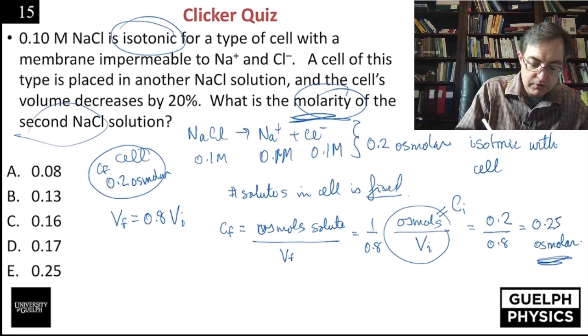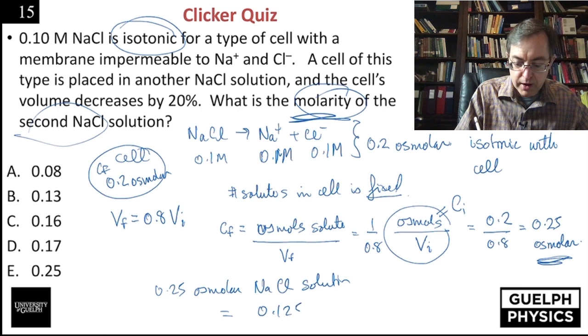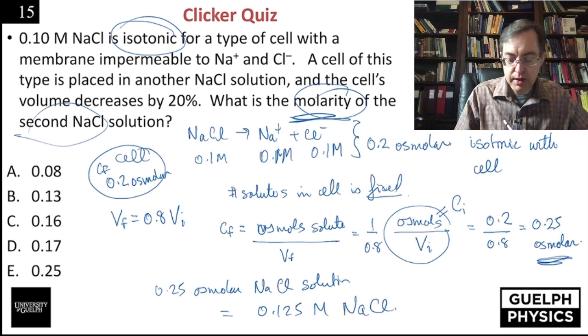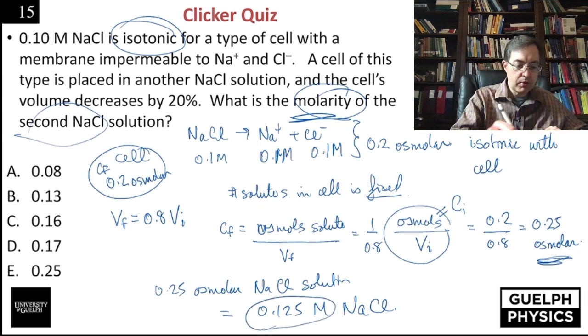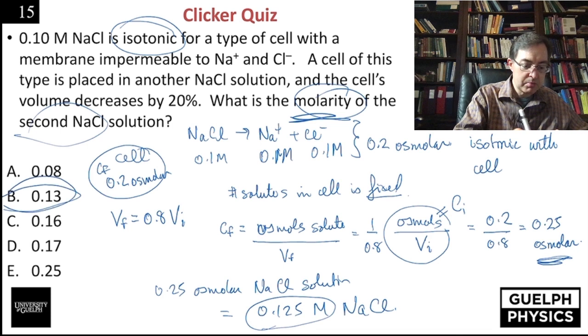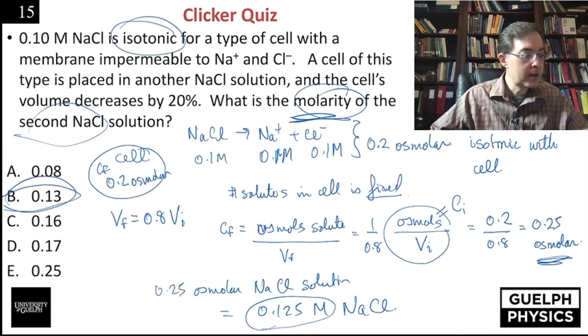And so I have to convert 0.25 osmolar of sodium chloride solution is equal to a 0.125 molar sodium chloride solution, because sodium chloride dissociates. So that's the key tricky last step. It's 0.125, and that is B, 0.13.